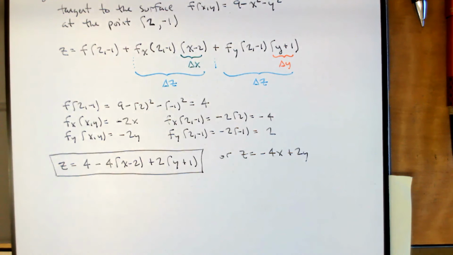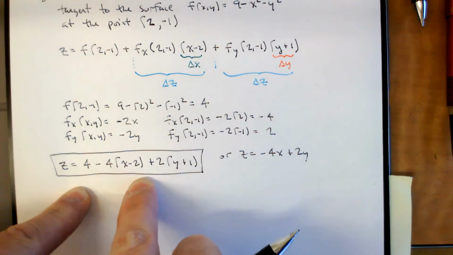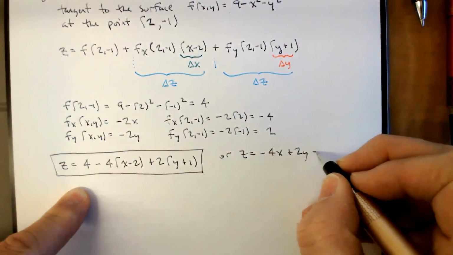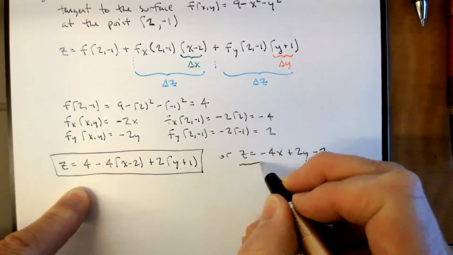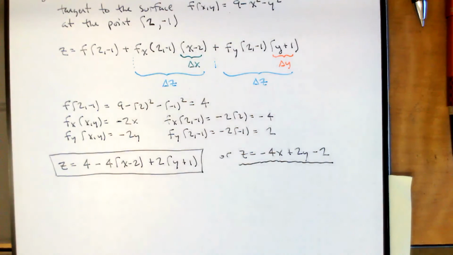We don't really care about that because we're talking about things near the point (2, -1), not at the origin. But sometimes we ask for equations in strange forms. So I got 4 minus 8 is negative 4 plus 2 is negative 2.